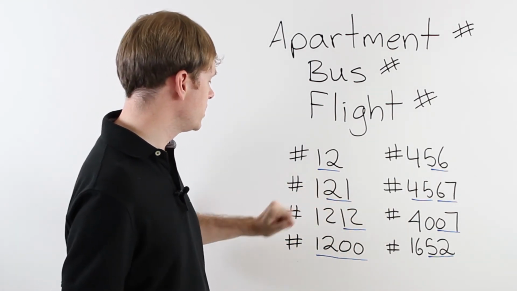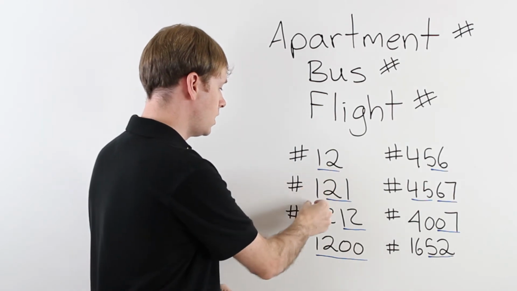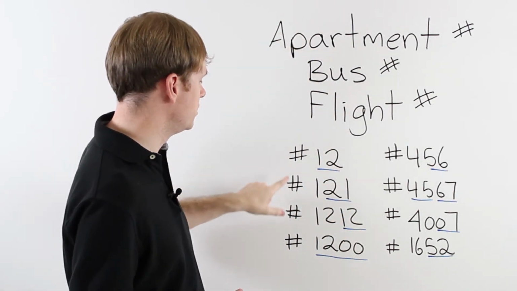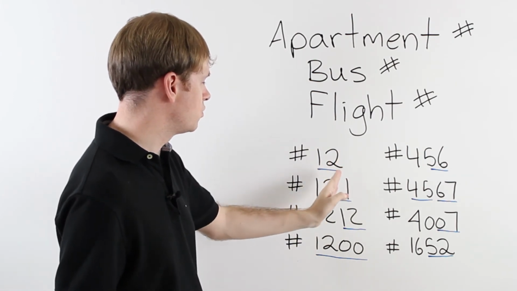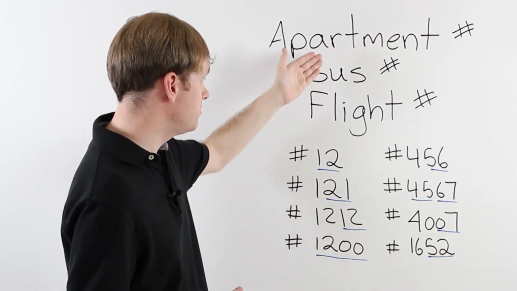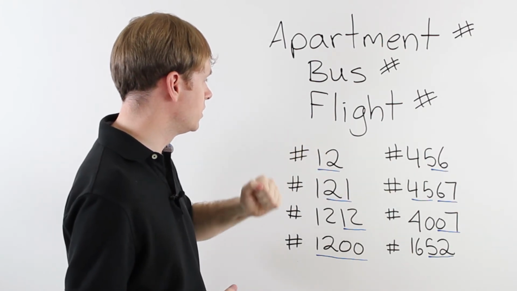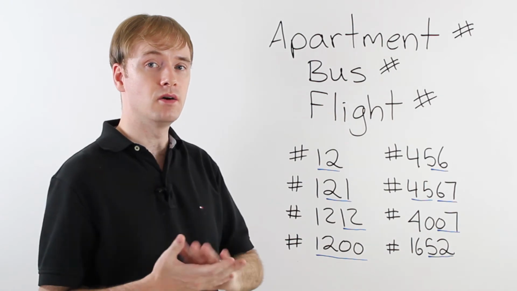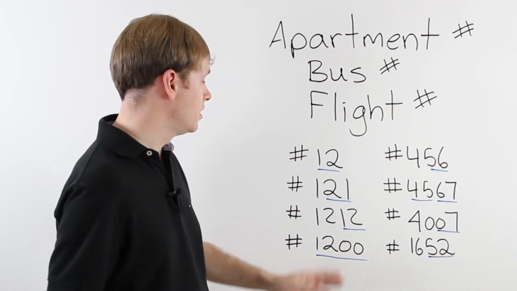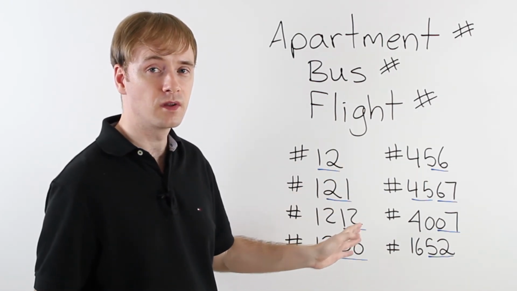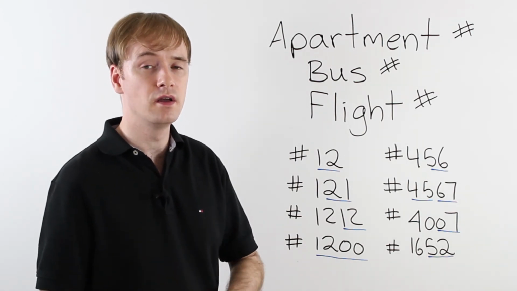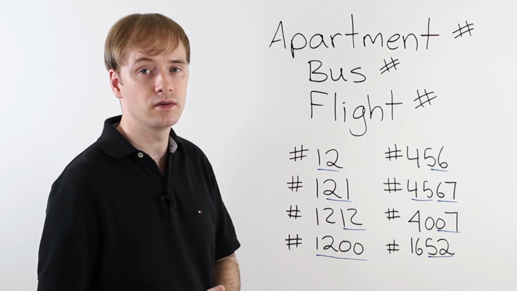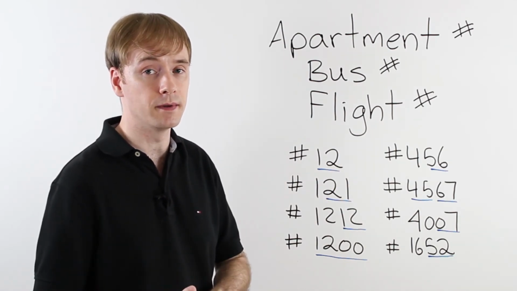Okay, so we would express this as 1-21. All right, so this could be apartment number 1-21. It could be bus number 1-21. It could be flight number 1-21. Now, it's also possible to say one-two-one. Okay, bus number one-two-one. That's okay, but you should learn just to say 1-21. Okay, that's very fast and more common.